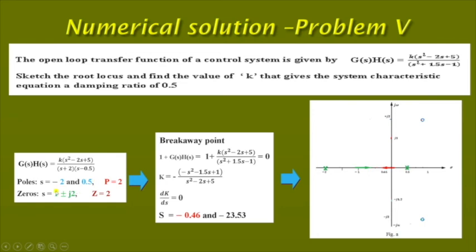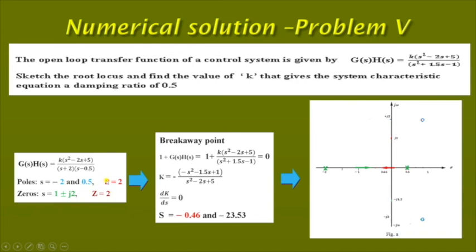Setting the denominator equal to 0, we get poles equal to minus 2 and 0.5, so the number of poles is 2. Similarly, setting the numerator equal to 0, s squared minus 2s plus 5 equals 0, then s equals 1 plus or minus j2, so the number of zeros is 2.